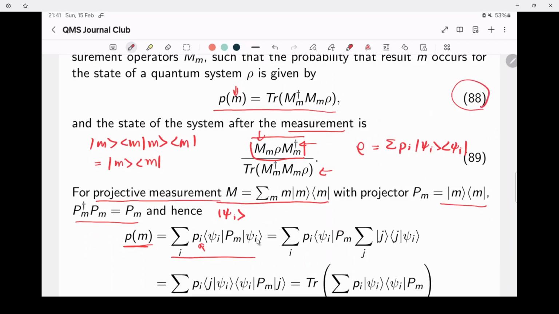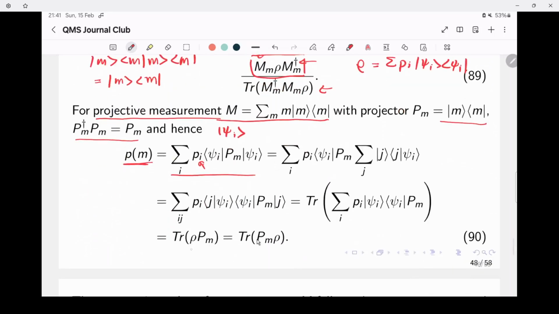So previously, we know that the definition of trace is basically summing up with your j basis, and then you perform this kind of operation. This is the definition of trace.